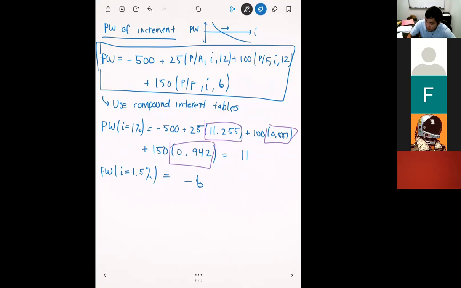Okay, and so since we cross over 0 at this point, since by going from 1% to 1.5% we changed the sign of the present worth from 11 to -6, this tells us that our rate of return is somewhere between 1 and 1.5.